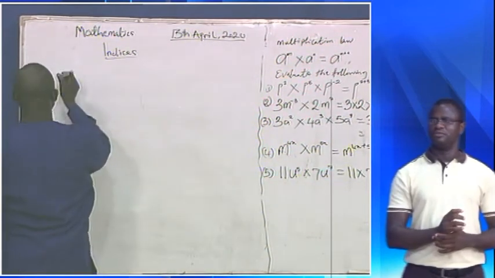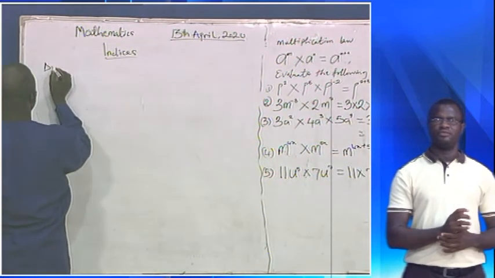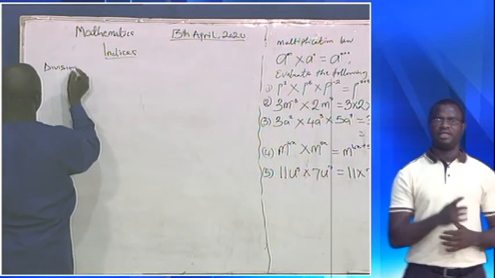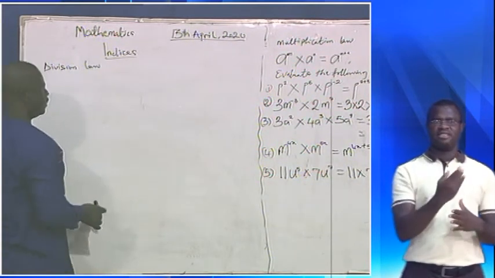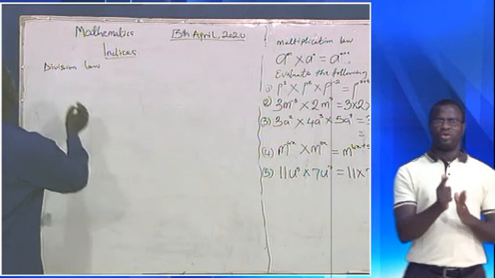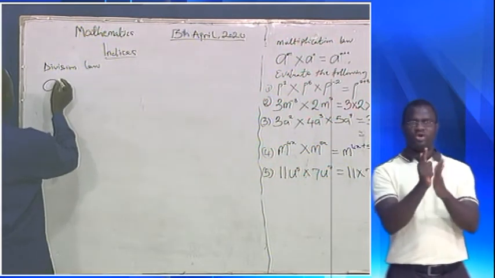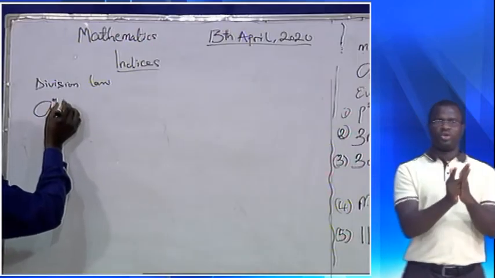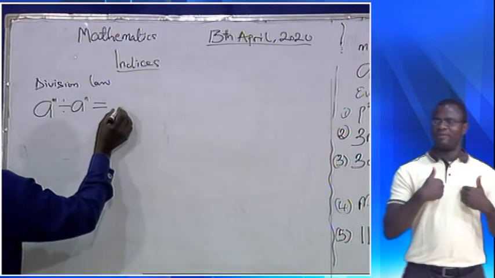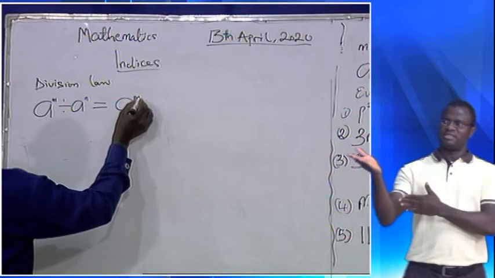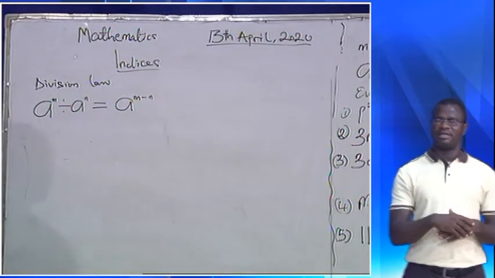The next law is the division law. Under division, if we have a raised to power m divided by a raised to power n, the end result is a raised to power m minus n.